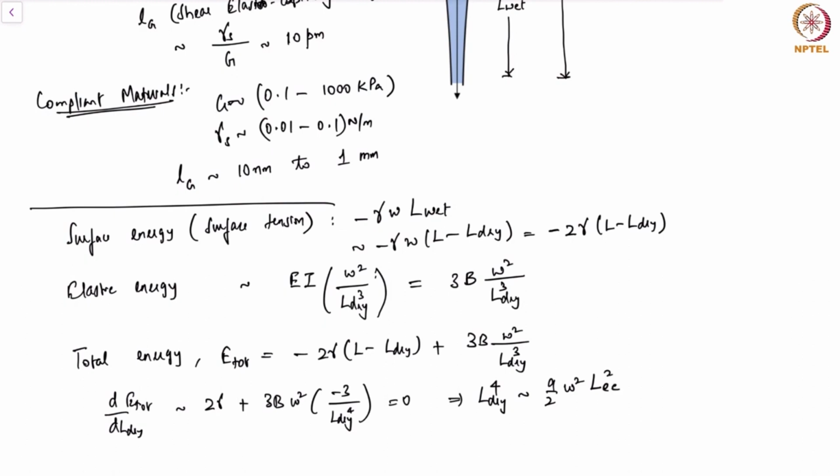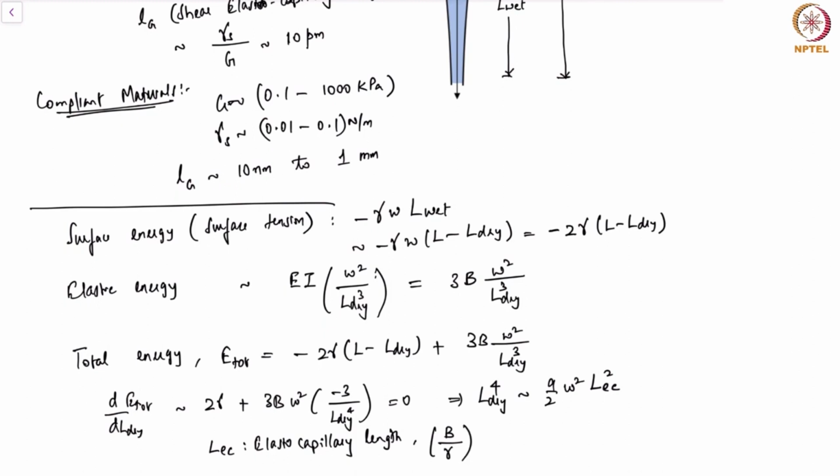What is L_EC? L_EC is referred to as the elastocapillary length, and this quantity, elastocapillary length, will simply be B by gamma. That's the elastocapillary length.